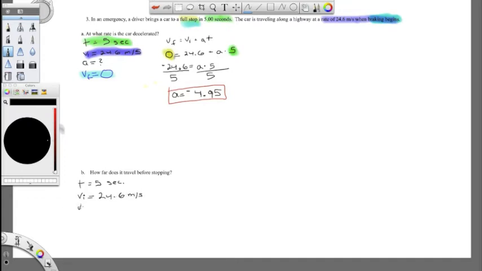We know that our final velocity is 0. And we know that our acceleration is now negative 4.95.